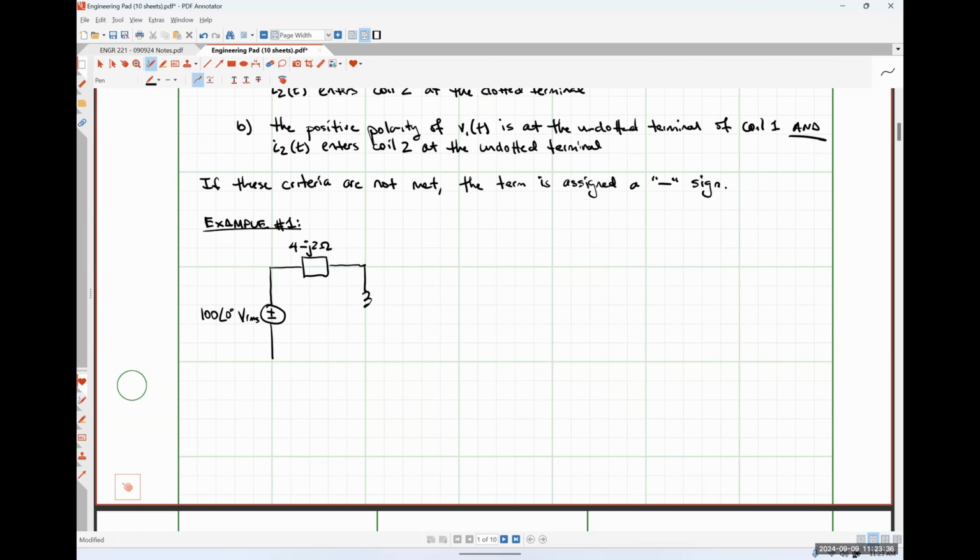And then I have a coil here that has an impedance of J6 ohms with the dotted terminal on bottom. Then I've got my second coil here with an impedance of J12 ohms. Dot is on top.